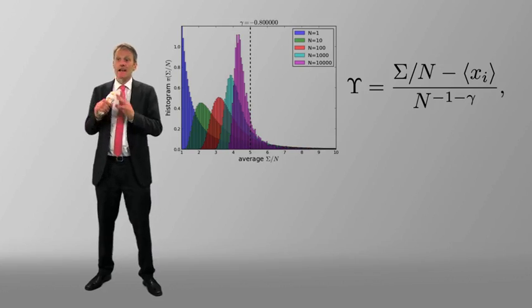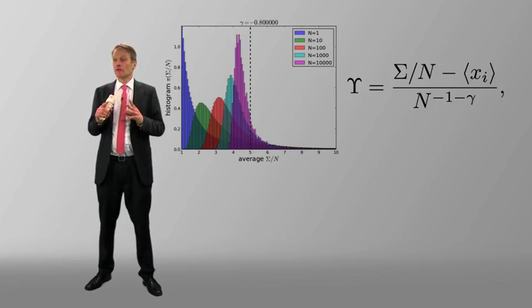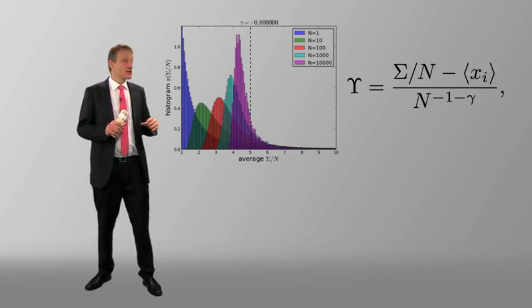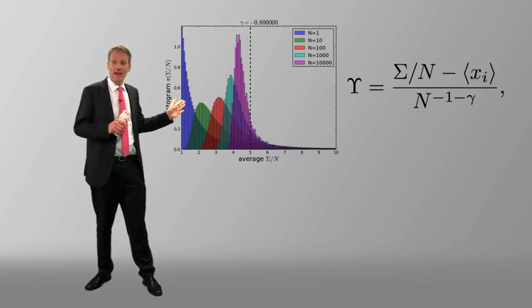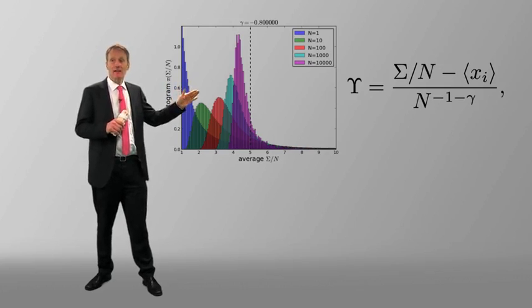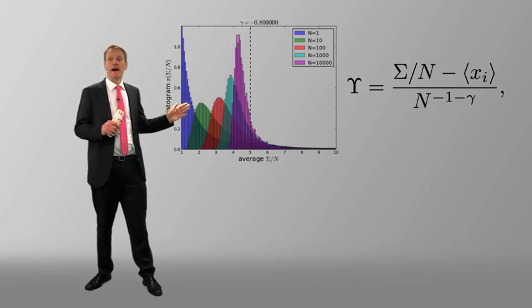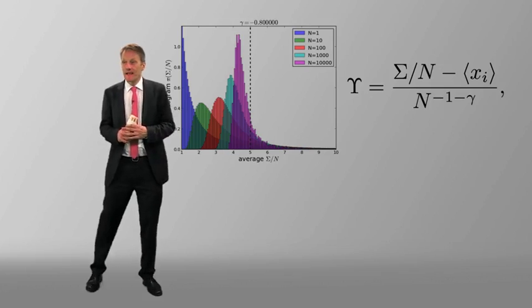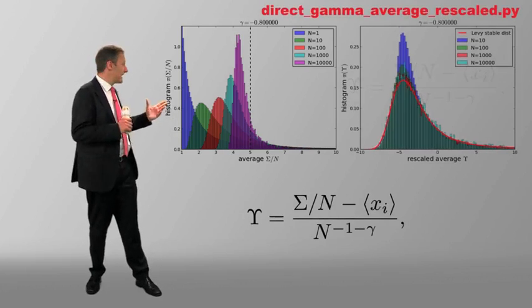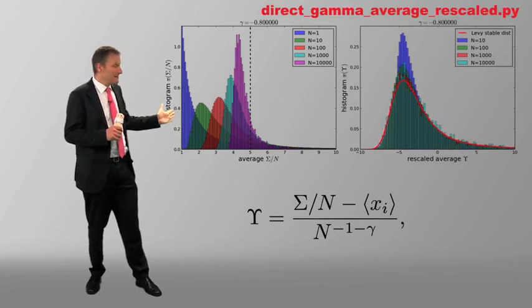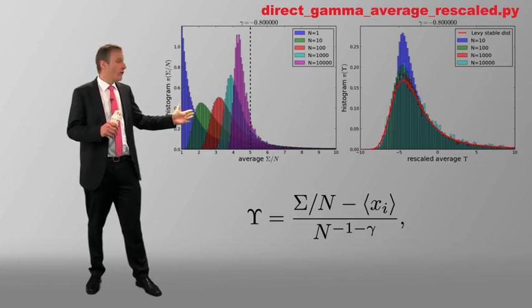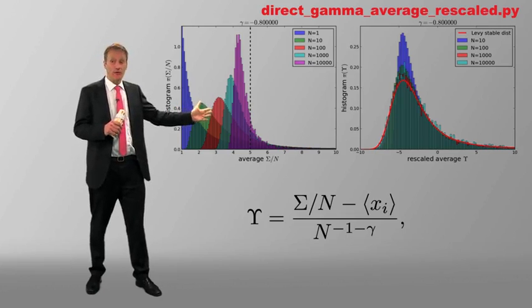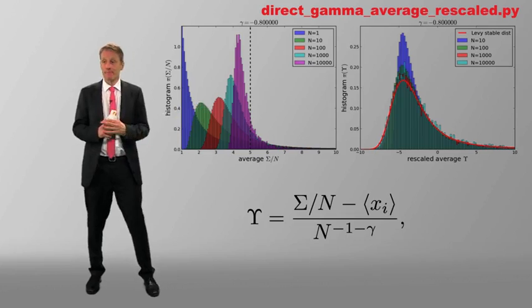In our case, gamma is equal to minus 0.8 and the mean value is equal to 5. So we have to look at the histogram of the mean value sigma over n minus 5 divided by n to the minus 0.2. And you see that the same data that depended so much on n falls onto the same curve, approximately for large n.